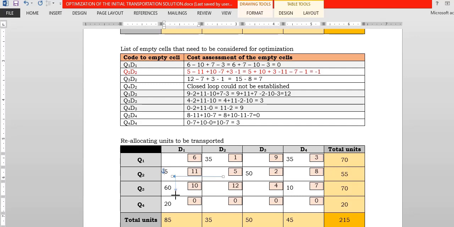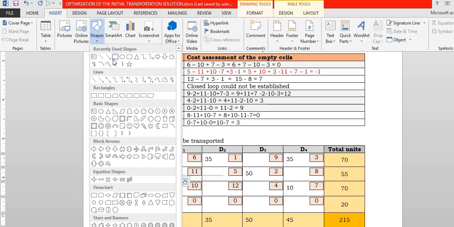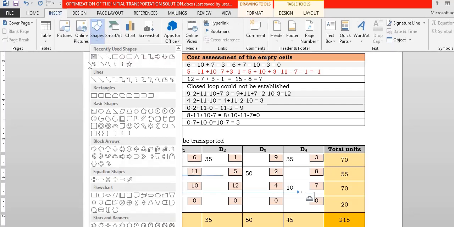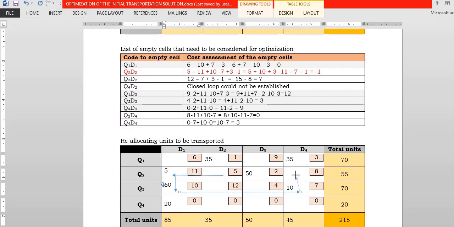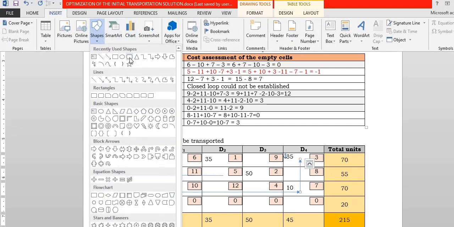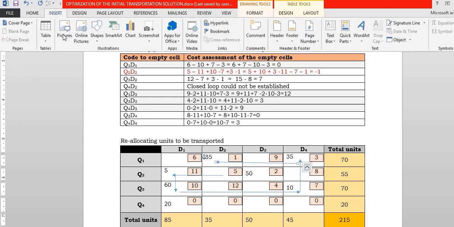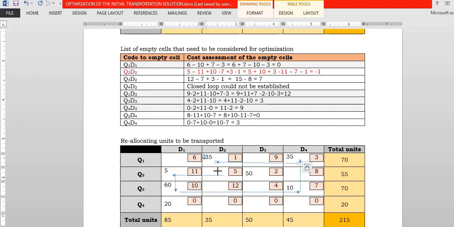Then we moved to the right up to there. Then we moved up to there. There's another location there. Then from there we moved to the left, up to here. Then after that we moved downwards up to here. That's what we did.